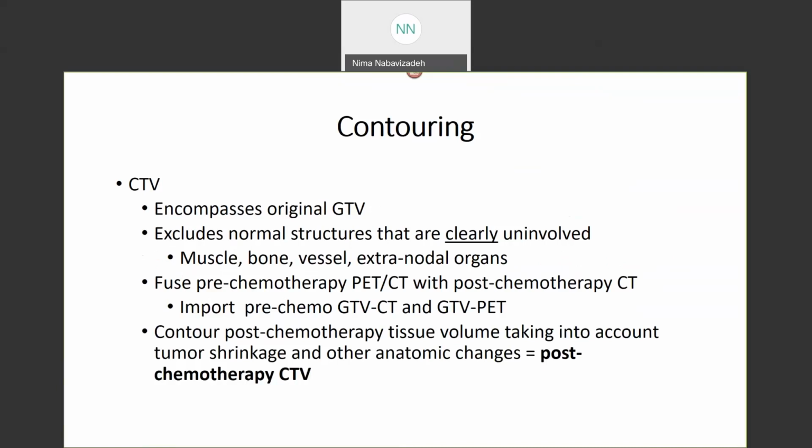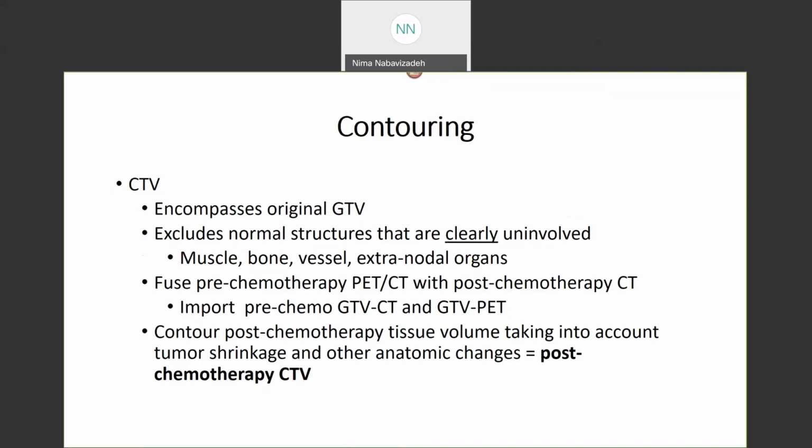It's important in these situations with the clinical tumor volume to crop out any normal tissue that is no longer clearly involved. Meaning, if a patient had a very large mediastinal mass, 10 centimeter mediastinal mass, your pre-chemotherapy volume would be huge. They've gone through a lot of chemotherapy, and that mediastinal mass is much smaller now.